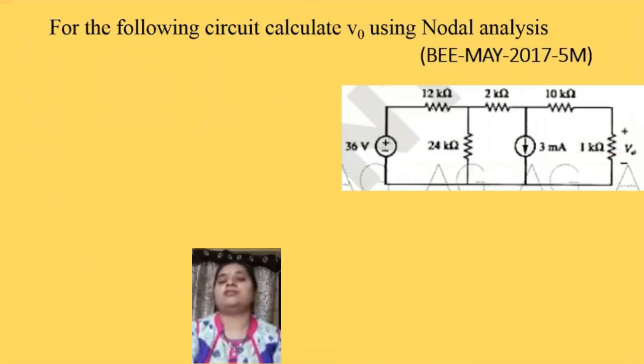So first find the nodes or junctions, so that we can apply KCL. As you can see, there are only two junctions, because a junction is the interconnection of three or more points.